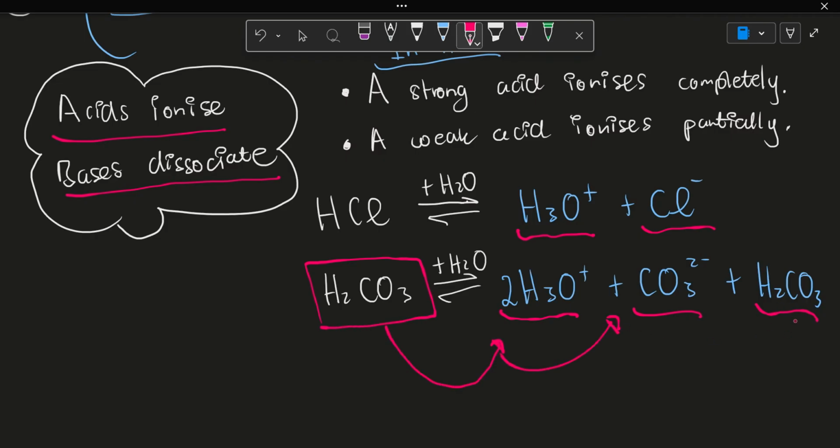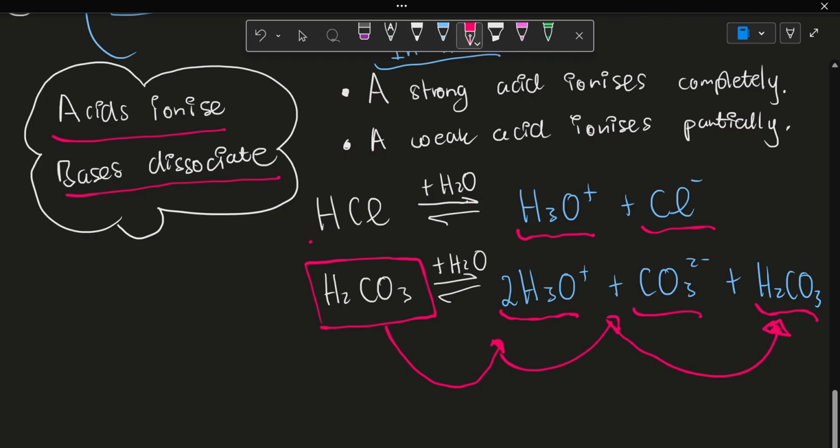But in this particular case, it ionized partially because this whole thing did disintegrate into its respective ions, but it also just went in the solution as itself. So that just means that it did not ionize completely. To ionize is to form its respective ions, right? So it did not just form its ions, it formed its ions as well as itself, meaning it ionized partially.